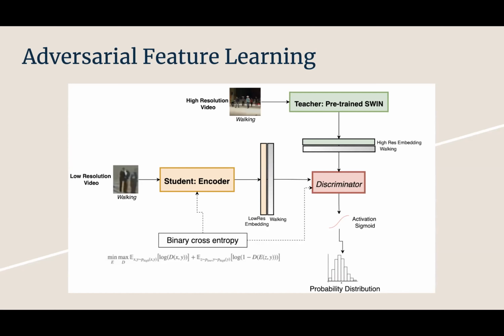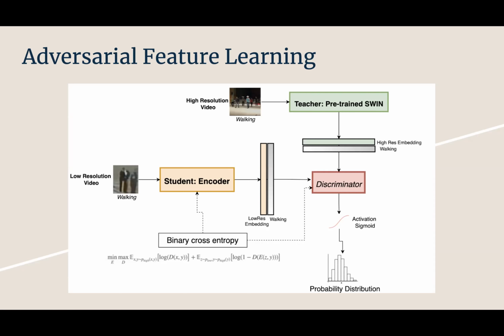The discriminator wants to tell us which one is a high resolution embedding and which one is a low resolution embedding. The student network is trying to fool the discriminator so that it classifies our low resolution embedding as a high resolution embedding. So that's all we are going to do.